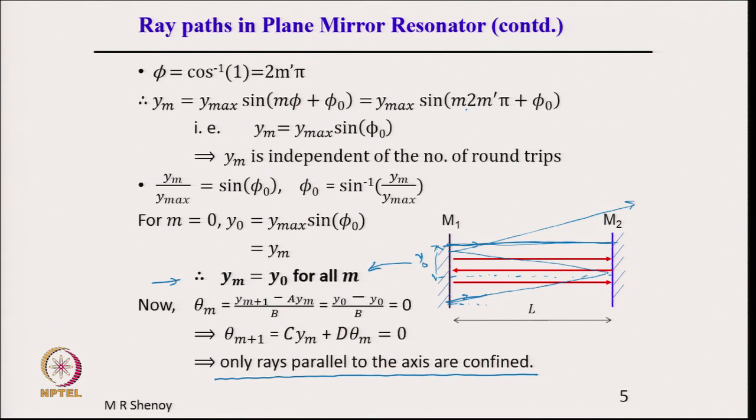So, mathematically we have got the same thing, that rays permitted are those which have theta equal to 0. Permitted here refers to confined, rays which are confined correspond to theta equal to 0, and the displacement y m is equal to the initial displacement y 0 for all values of m.